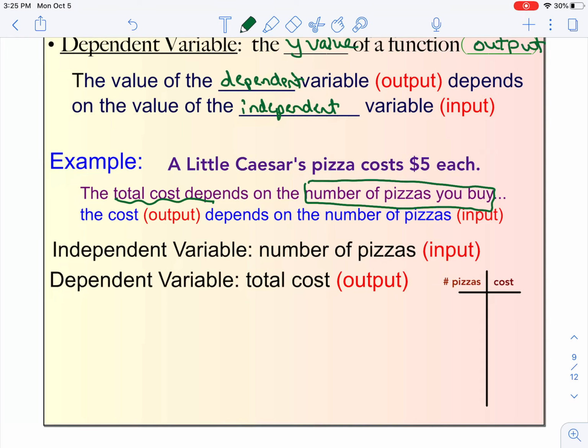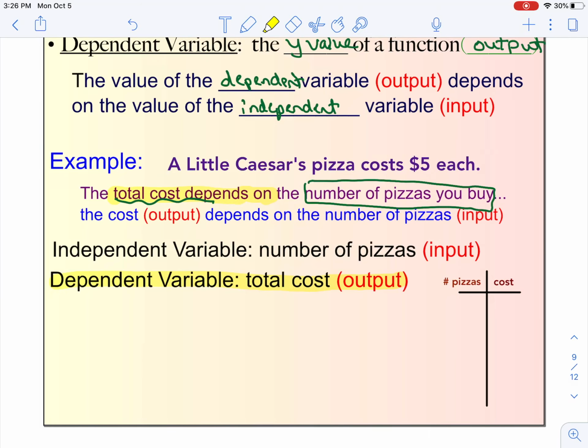So the total cost depends on the number of pizzas you buy. So your independent variable is the number of pizzas, because the total cost depends on it. So that's your dependent variable, because it depends on something else.